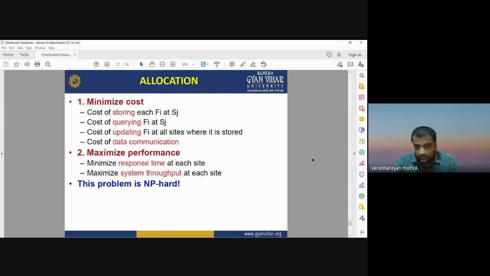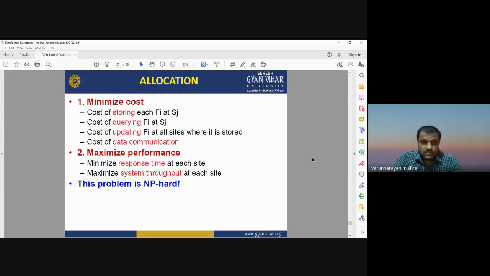If prior to the fragmentation we apply the allocation process, it will minimize the cost and maximize the performance of the distributed database. That is very important, to minimize the response time, and it will also maximize the system throughput at each site.